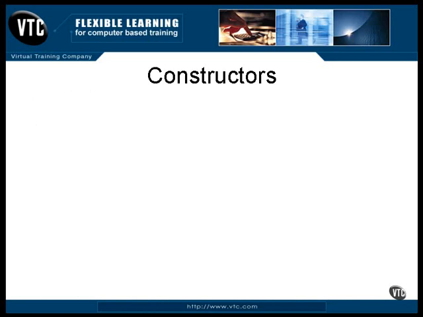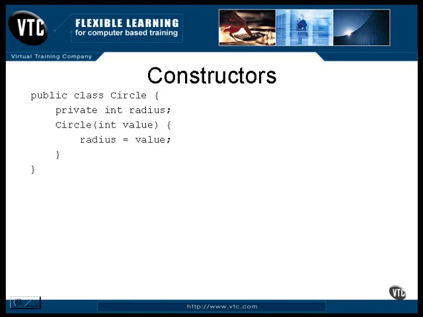But not every class has a default constructor. Let's say you write a class with one constructor, and that constructor requires an argument. This class has no default constructor. The only way to create an object of this class is to call this constructor and specify the value of the radius. That is, since you supplied a constructor, whether or not it was the default constructor that you supplied, the compiler did not insert a default constructor for you.